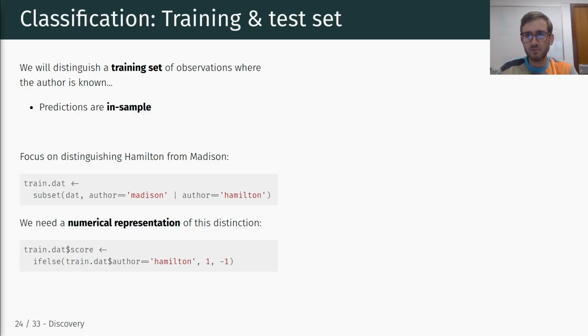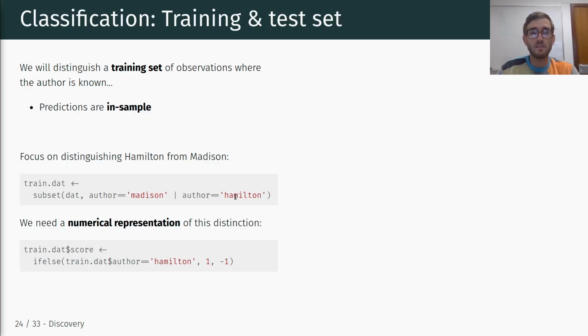And as I mentioned previously, we are focusing on distinguishing authorship by Hamilton from Madison, right? So we're going to create a data set called train.dat, and that will be a subset where the authorship is known to be Madison or Hamilton.